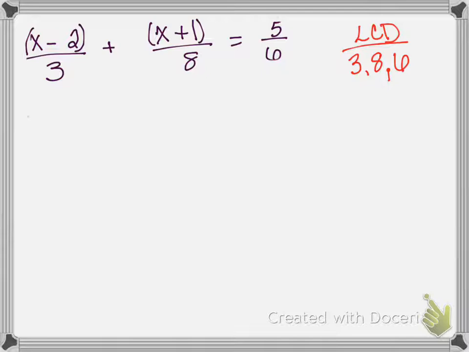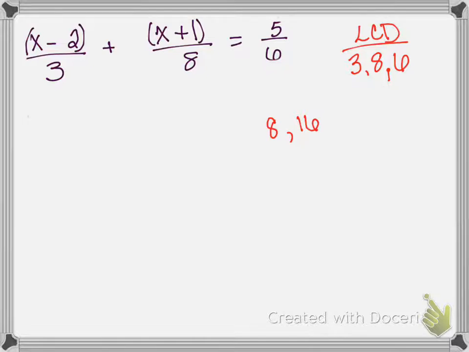So here is a trick. Let me tell you what to do. Of 3, 8, and 6, what's my largest number? 8. So I'm going to write down multiples of 8. What's 8 times 1? Do 3 and 6 go into 8? No. What's 8 times 2? 16. Do 3 and 6 go into 16?